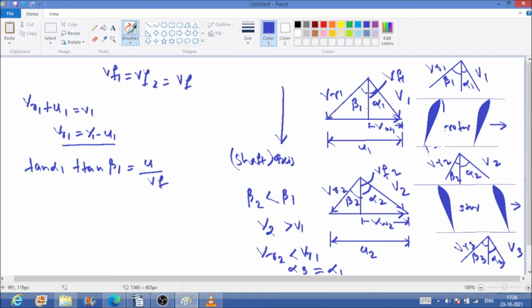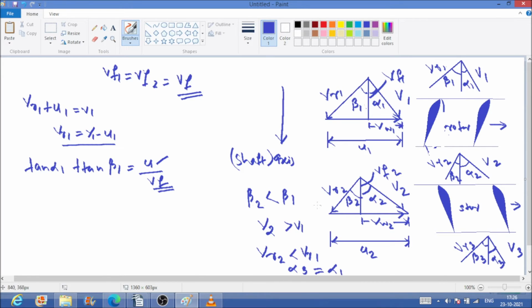So tan alpha 1 plus tan beta 1 is this by this plus this by this. That means this whole u by vf1, this is the whole part u, divided by the common side. Already we have said that vf1 equals vf2, so we have taken vf only.